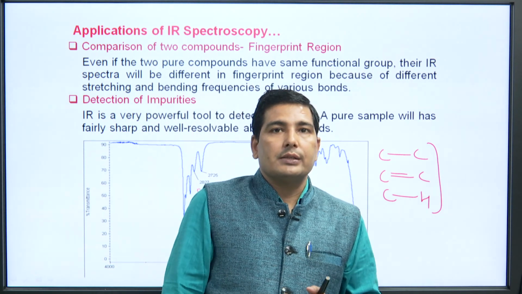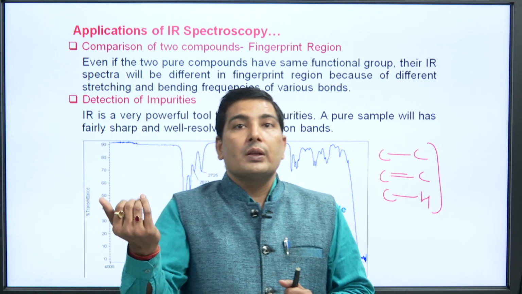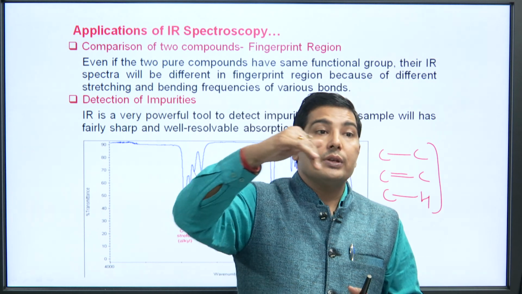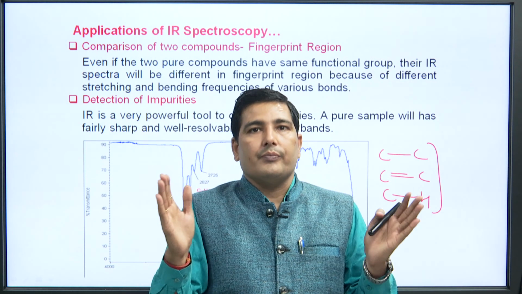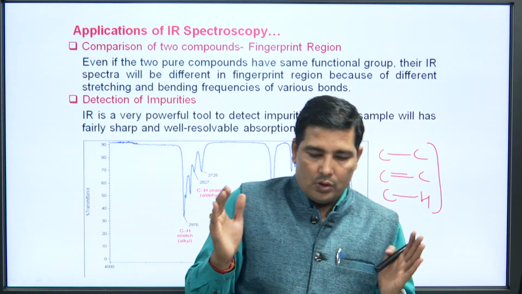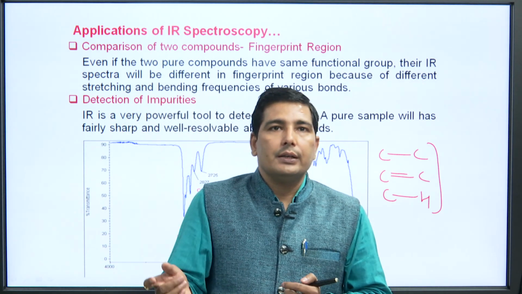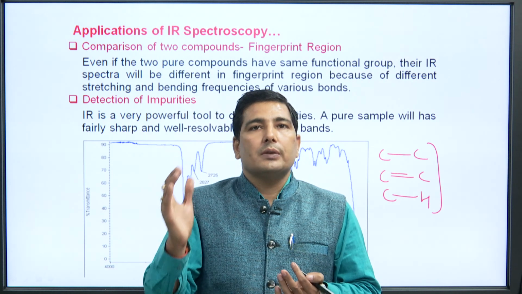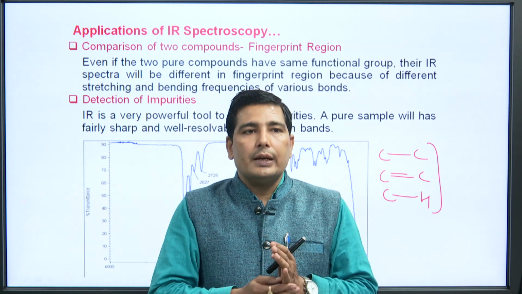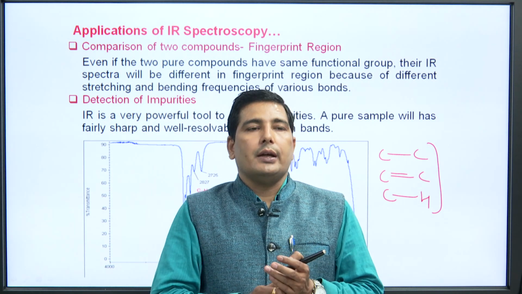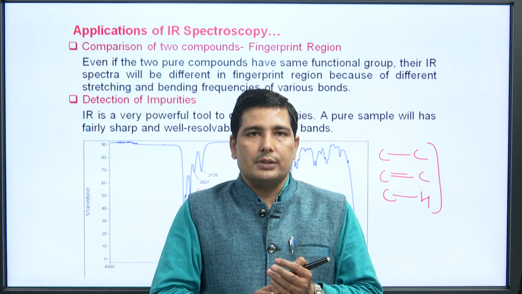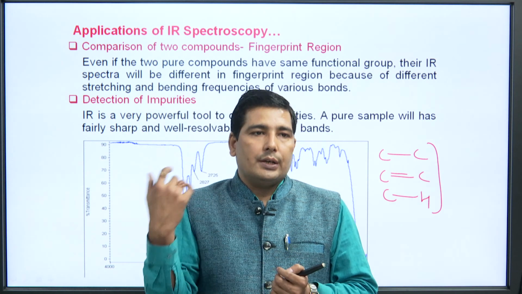That is another reason for the fingerprint region, which gives an idea about the structure, the basic skeleton of the molecule. The basic skeleton will be different even if we first identify the functional group. If two compounds have the same functional group, we can still identify them, because their fingerprint region patterns will be different.